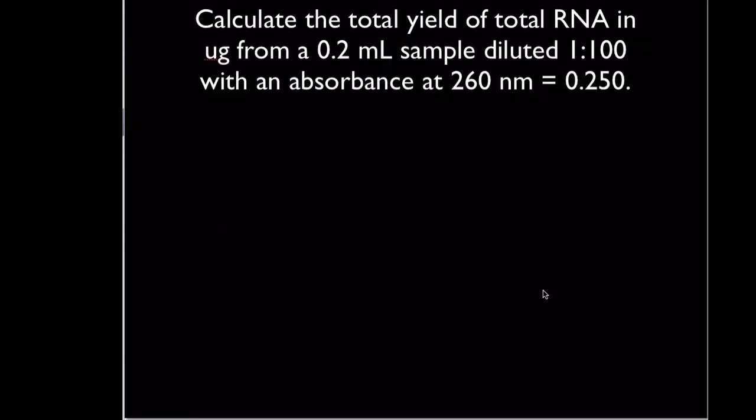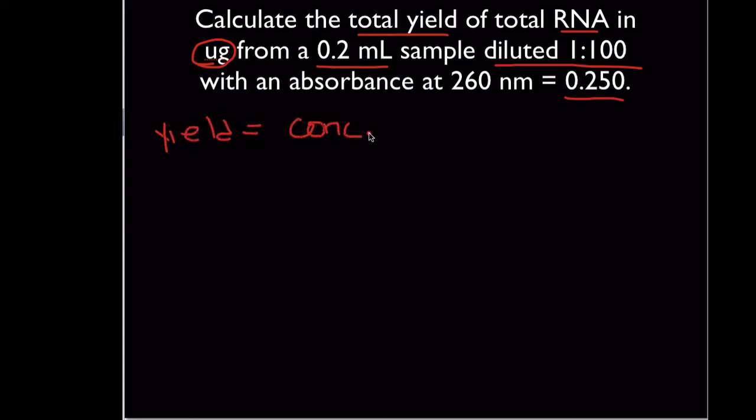Another question is, calculate the total yield of RNA in micrograms again from a 0.2 mil sample diluted 1 to 100 with an absorbance reading at 260 of 0.250. So you remember your total yield is your concentration times your volume.